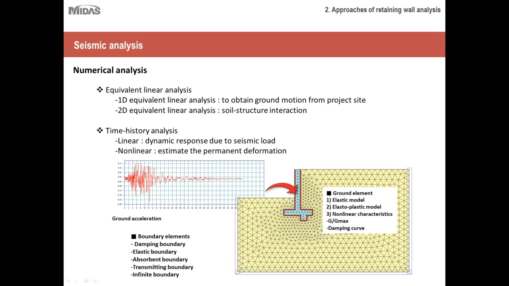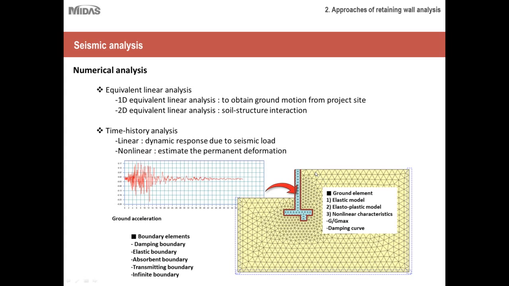What linear time history analysis is not able to capture is the estimation of permanent deformation, where we have to consider nonlinear time history. So when we say nonlinear time history, we are actually talking about the nonlinear behavior of the soil layer under the earthquake excitation.